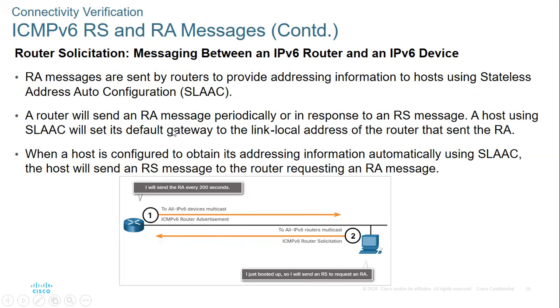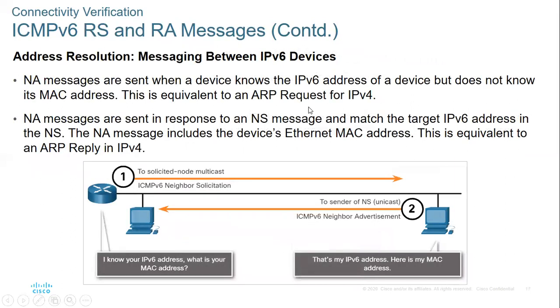The router will send the RA message periodically or in response to the router solicitation message. A host using SLAAC will set its default gateway to the link local address of the router that sent the RA.